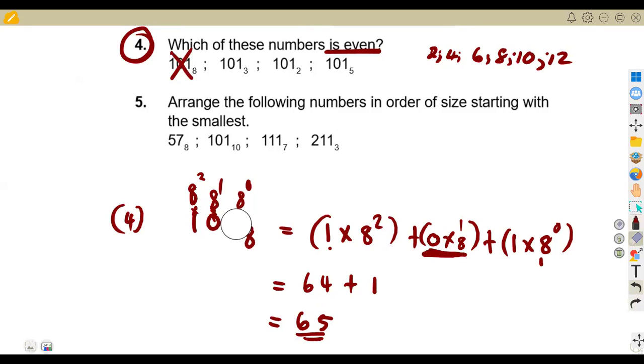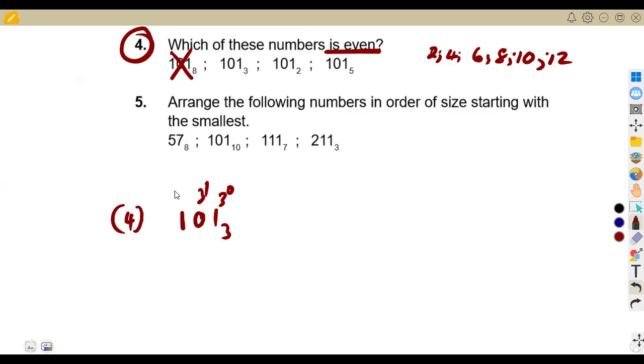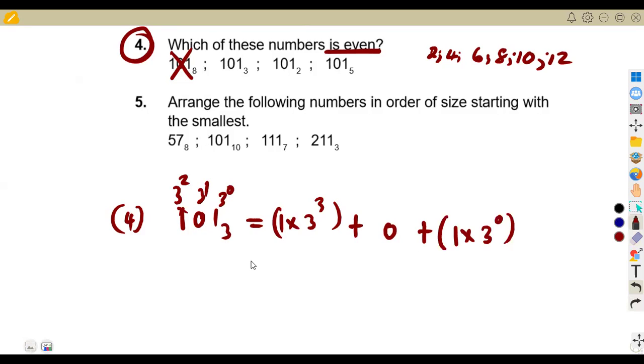So like I said, it's only by converting. I want you to do that conversion and see which numbers are going to be even. Let's see, 101 in base 3, with 3 to the power of 0, 3 to the power of 1, 3 to the power of 2. So we multiply 1 times 3 to the power of 3, plus a 0 there, plus 1 times 3 to the power of 0. So 3 to the power of 3 is 27, times 1 is 27, plus 0, plus 1 times 1, which is 1.